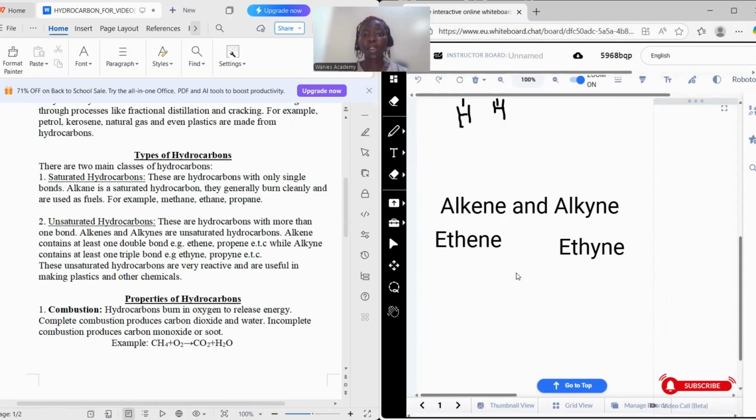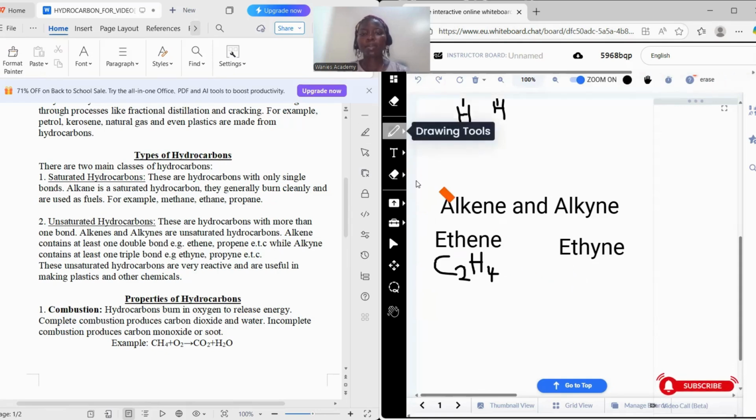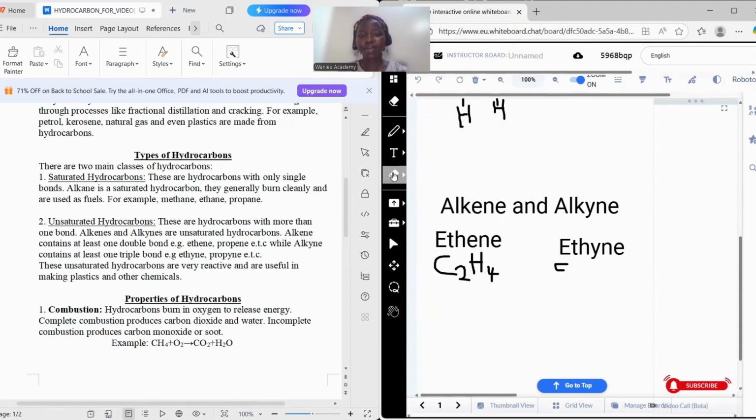If you are to draw the structural formula of ethene, ethene is C2H4, while that of ethyne is C2H2.